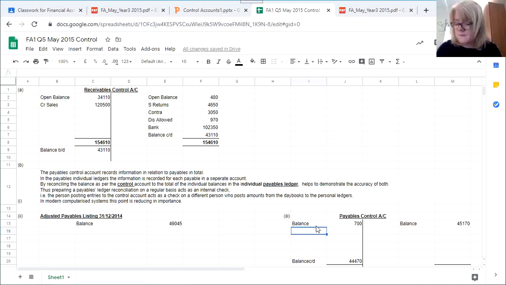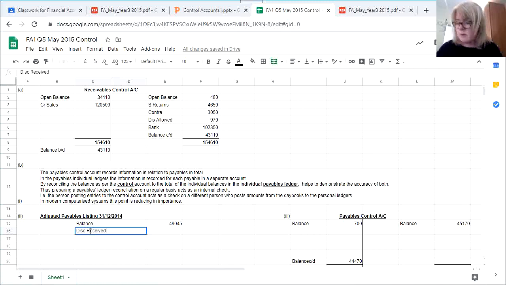So that 700 there has to go in on the debit side, and that only affects the control, it doesn't affect the listing. The next error, discount received of 1,240, were completely omitted from the books and records. So if they were completely omitted, then they will affect both the control account and also the individual listed payables. So that has to go into both. So if we take the listing first of all, and in this case I'm just going to call it discount received.